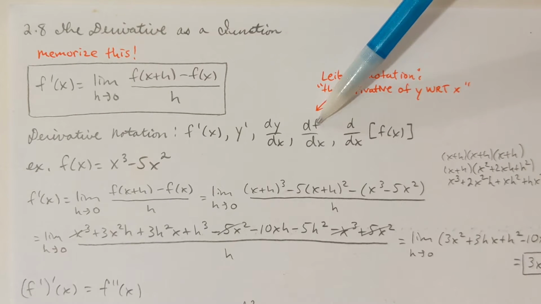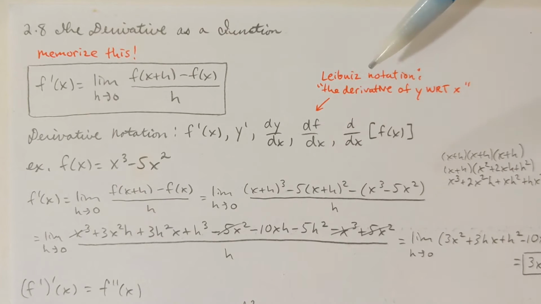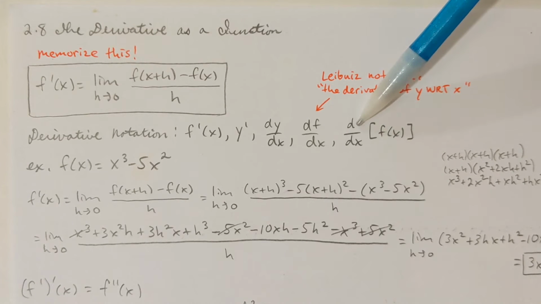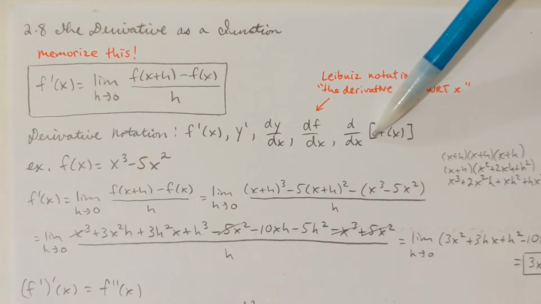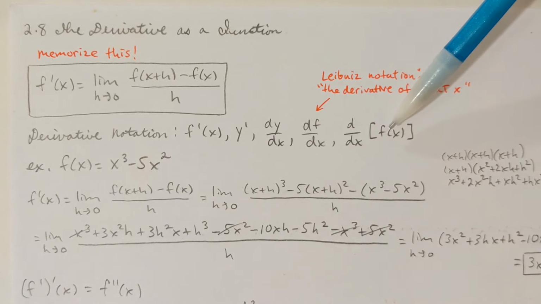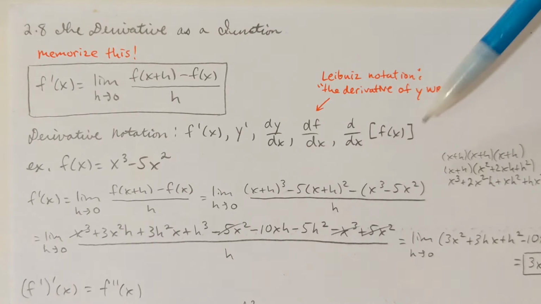And then if you have function notation, the derivative of f with respect to x is how we'd read that. And there's also notation for the derivative of a function with respect to x, where you just write the function inside the brackets there. Now, all of these different notations you'll see in the book. They all mean the same thing. You're talking about the first derivative.